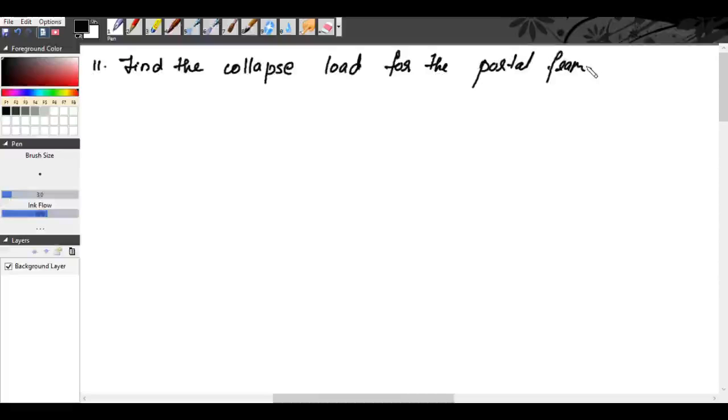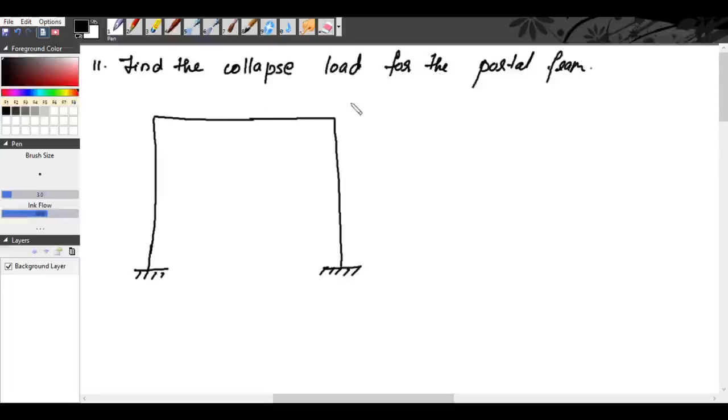Okay, so now I think you can do this on your own. Anyway, come on. Your given frame has all spans of equal length.